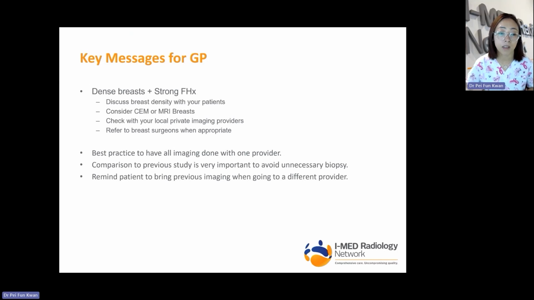And remind your patient to bring their previous imaging when they go to a different imaging provider, especially when they come for biopsy of their breast lesion and we don't have previous to review. It might delay the biopsy for your patient.